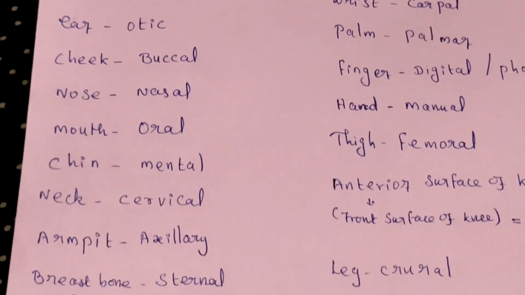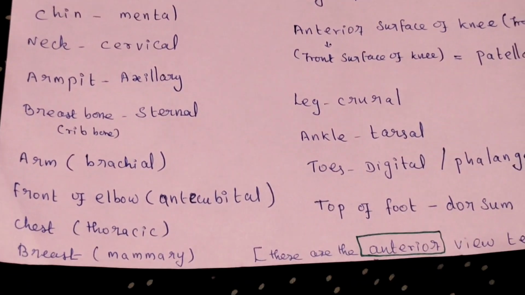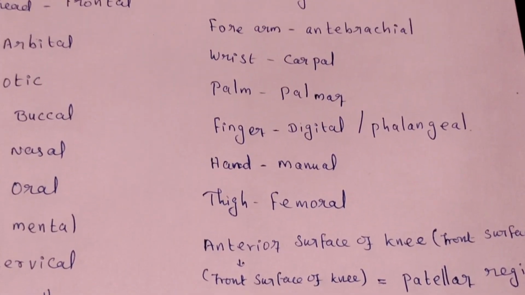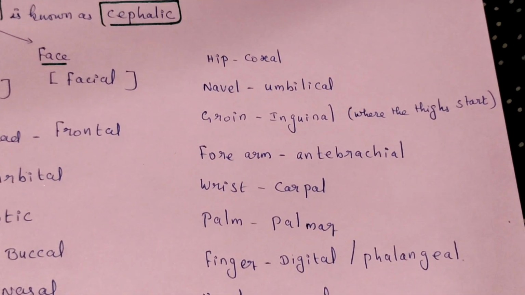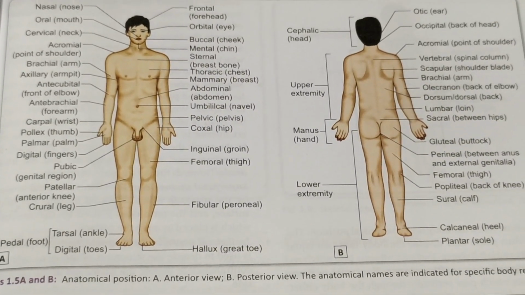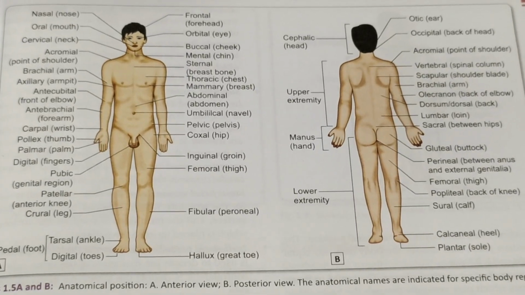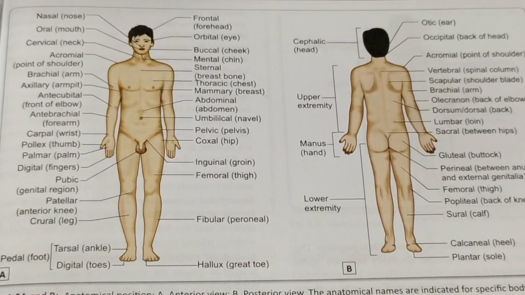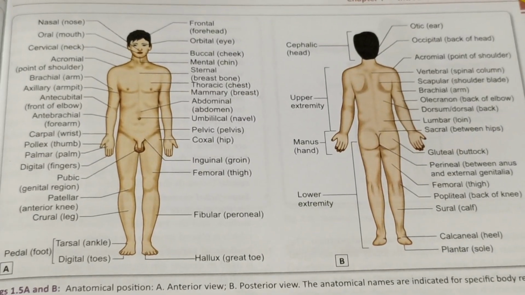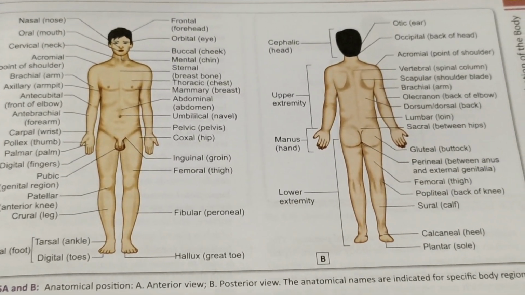These are the names in the anterior view terminology. In anatomy and physiology we use Latin terms, so normal English terms and Latin terms. First we discuss the anterior view and the posterior view.